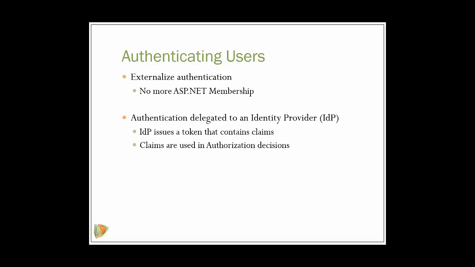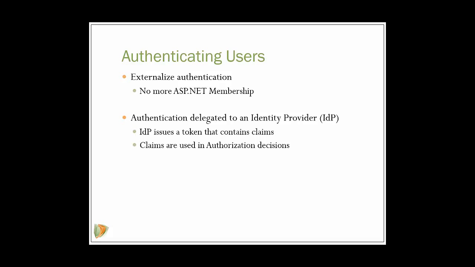The identity provider in my scenario is the U.S. State Department, which has a passport that has information about me. Facebook provides information about my friends and my name. And so I configure my application to delegate authentication to an identity provider that I trust. And then that identity provider returns a token that contains a bunch of claims, and I can then use those claims to make authorization decisions.